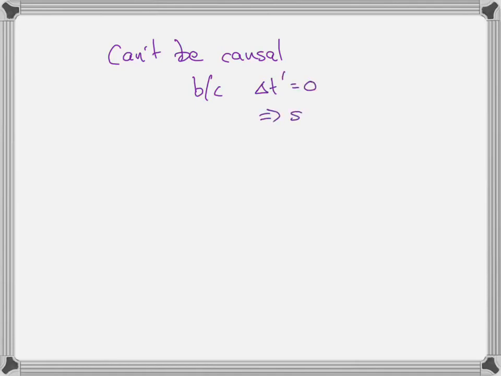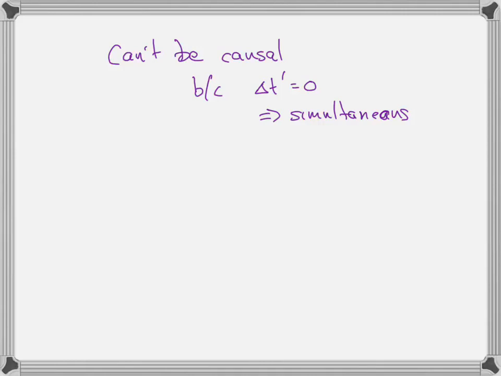That means that they're simultaneous in some frame. If they're simultaneous in any frame, they can't be causal. Physics still has to work in every frame. And if light cannot be communicated from one to the other, then they can't be causal according to the one frame in which they're simultaneous. So they can't be causal in any frame.